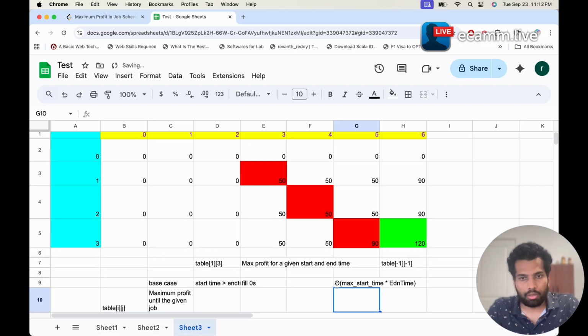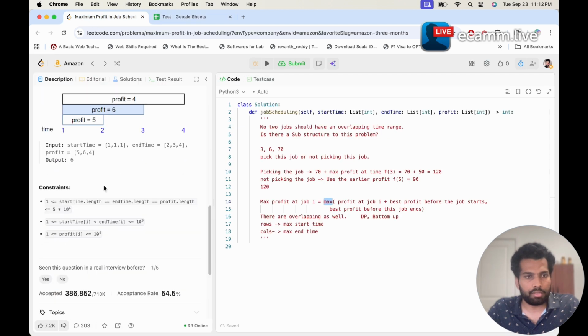If you look at the constraints here, the end time can take values from 1 to 10 to the power of 9, which is really huge.